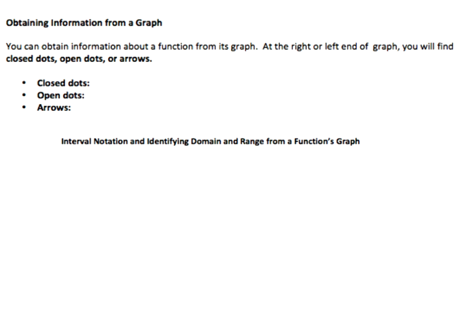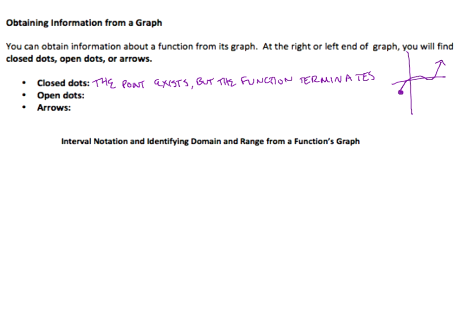Closed dots mean the point exists, but the function terminates, ends. So an example, maybe closed dot, arrow. On this end, that point exists on the function.